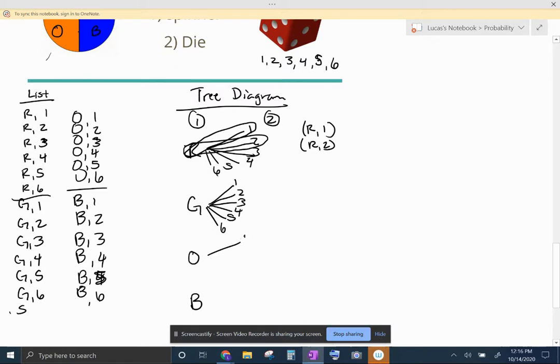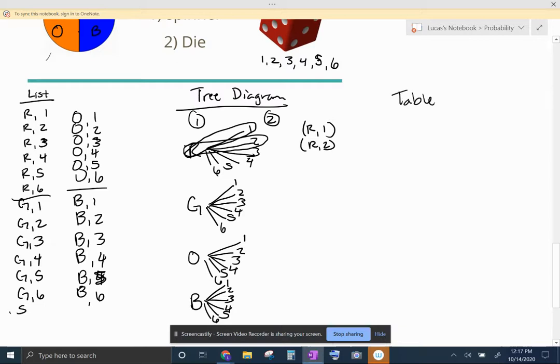So I can also get an orange 1, an orange 2, an orange 3, an orange 4, an orange 5, and an orange 6. I could also do blue 1, blue 2, blue 3, blue 4, blue 5, and blue 6.